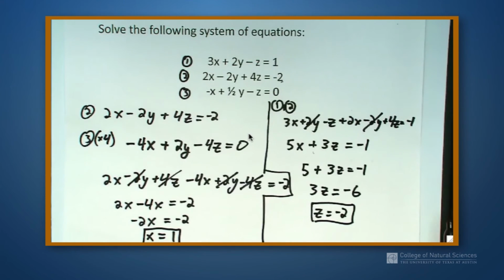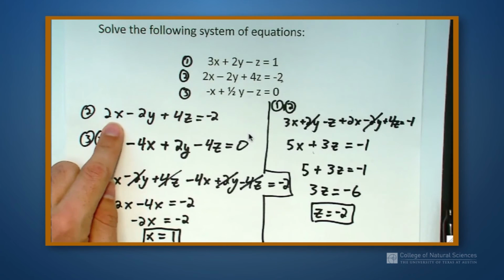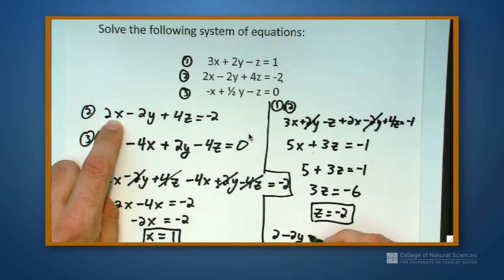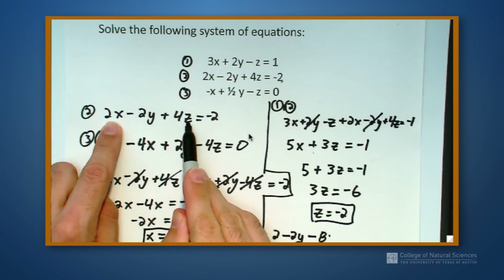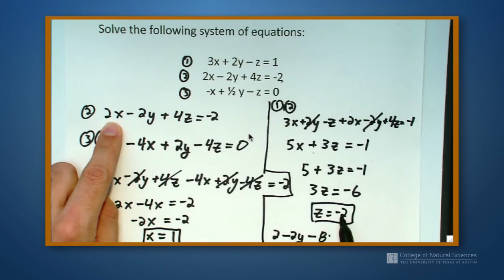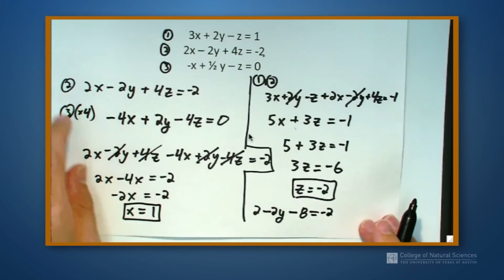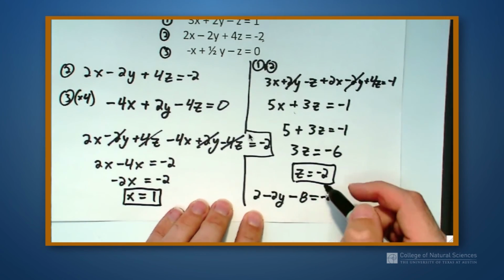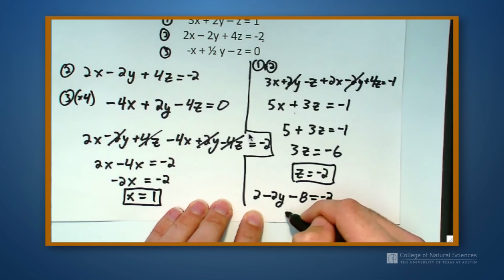And last but not least, I can plug everything back into one of my original equations. I get 2 minus 2y minus 8. z is negative 2, so 4 times negative 2 gives me 8, gives me minus 2, which allows me to get y.